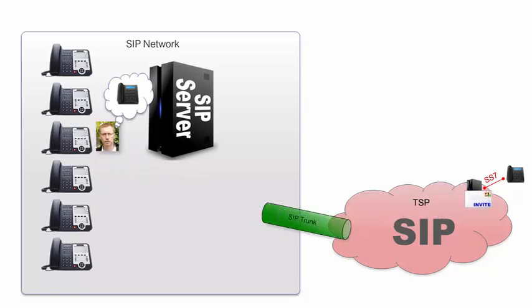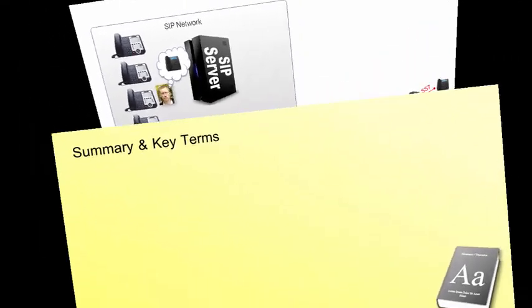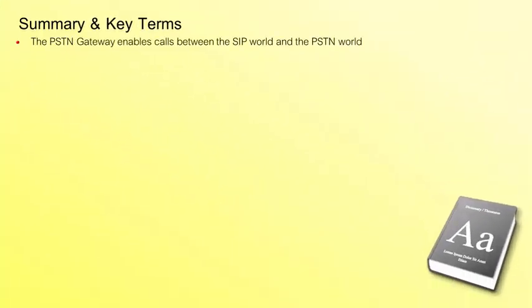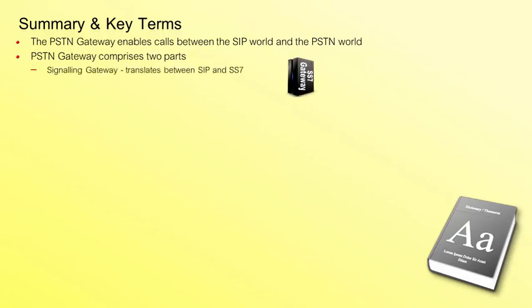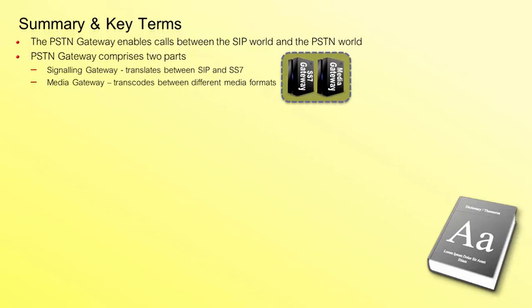So, in summary then, the PSTN gateway enables calls between the SIP world and the public switched telephone network world. A PSTN gateway comprises two parts: the signaling gateway that translates between SIP and SS7, and the media gateway that transcodes between different media formats. In some implementations, the signaling gateway and the media gateway might be functions of one physical entity.